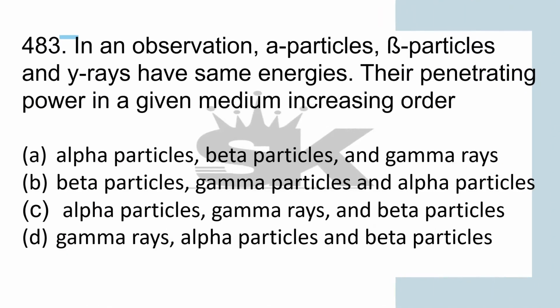In an observation, alpha particles, beta particles and gamma rays have the same energies. Their penetrating power in a given medium, in increasing order: alpha is less than beta is less than, here not mentioned, but I'm writing X-rays, and then gamma rays.